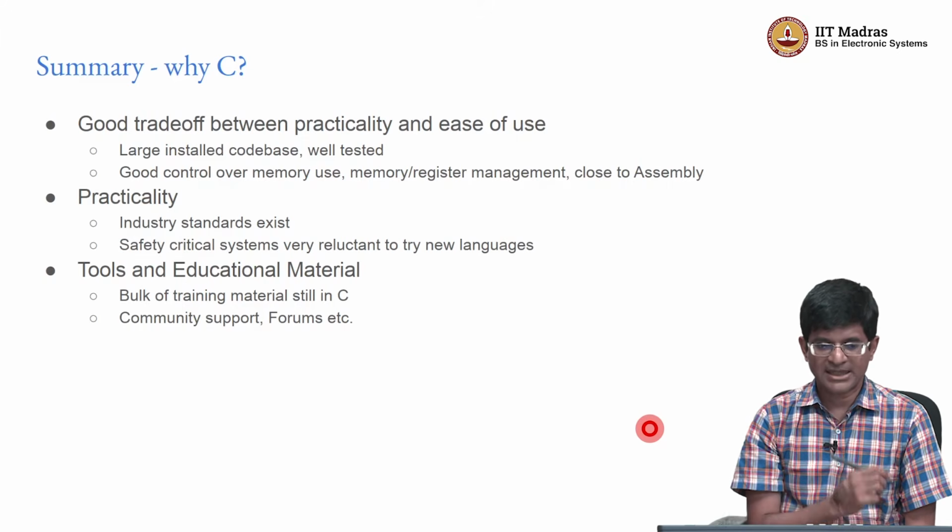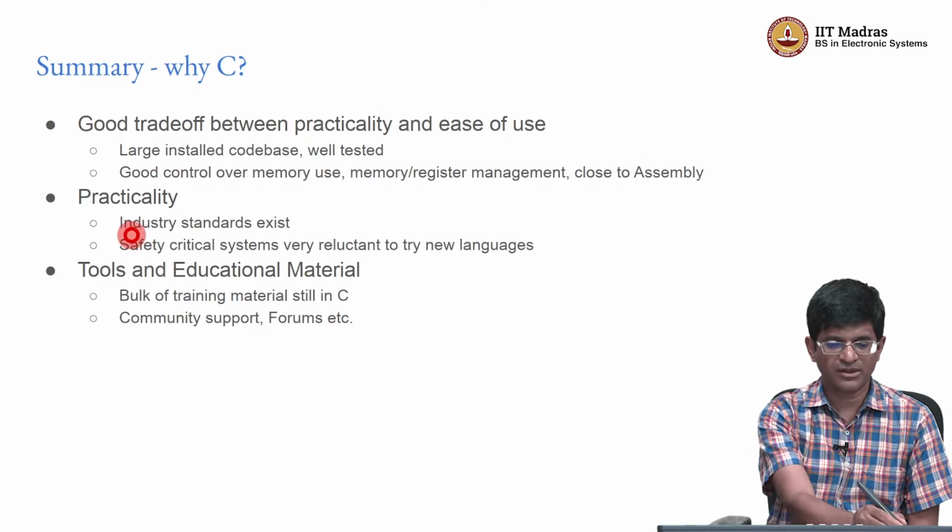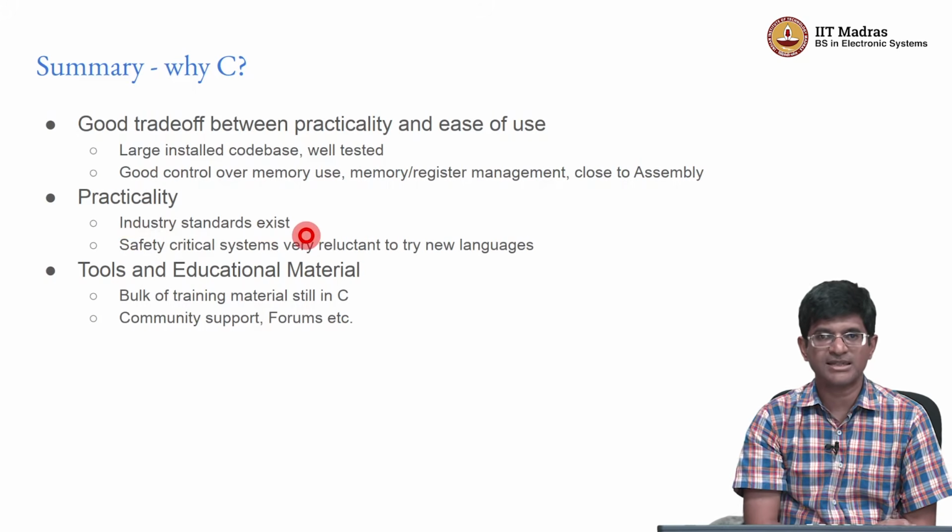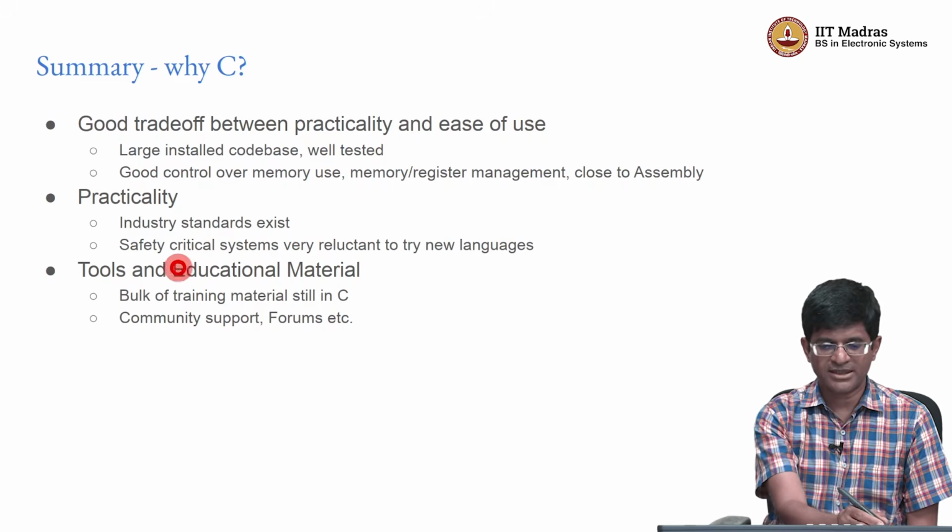It's practical, as I said, and part of the reason for this is there are good industry standards that have been developed over the years that give good foundations on how to write code that is well structured, safe, and is going to give you very good performance as well, right?